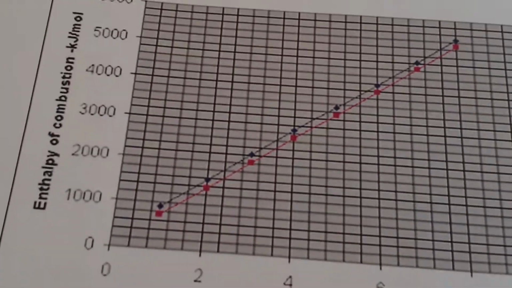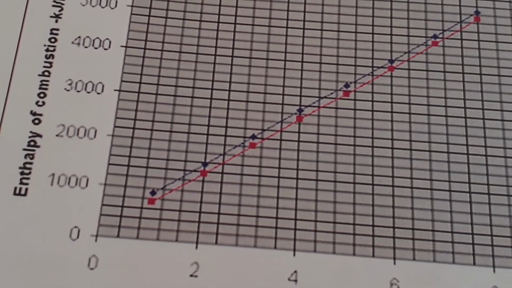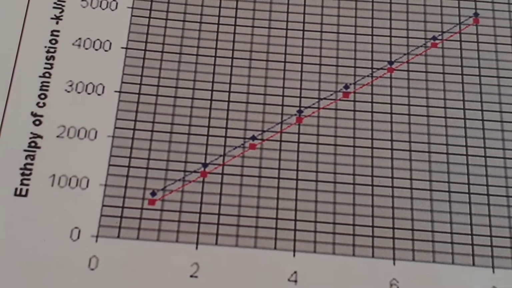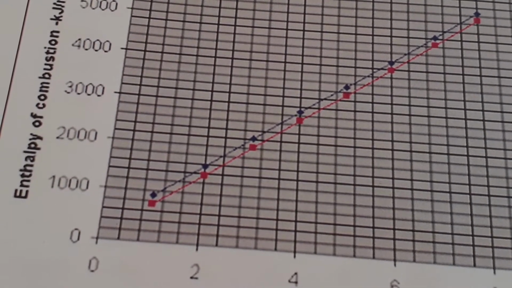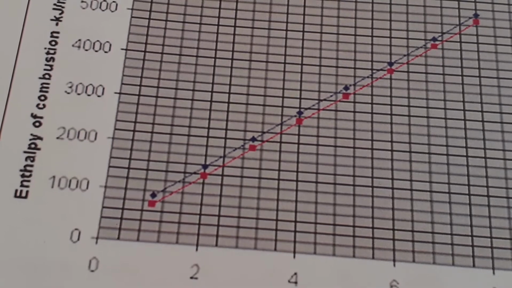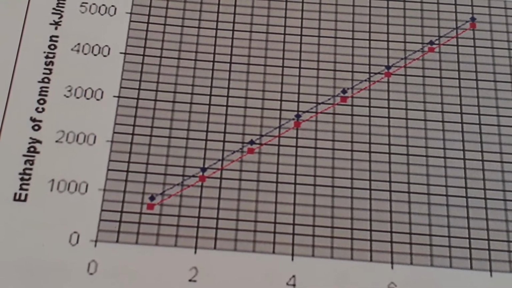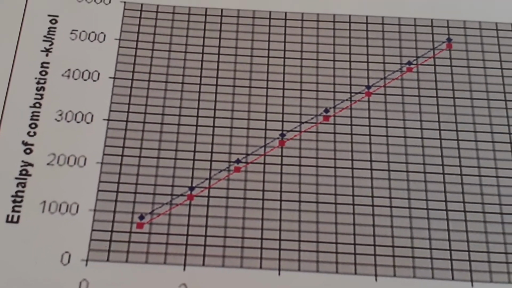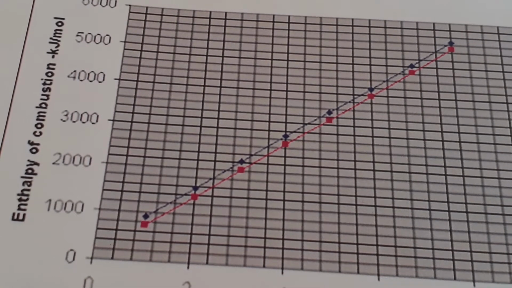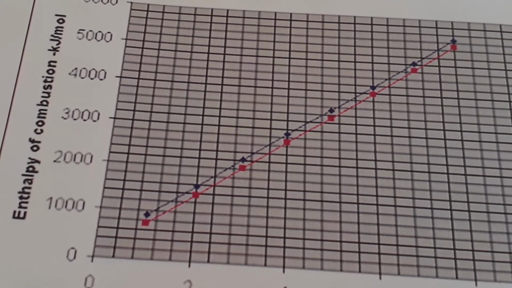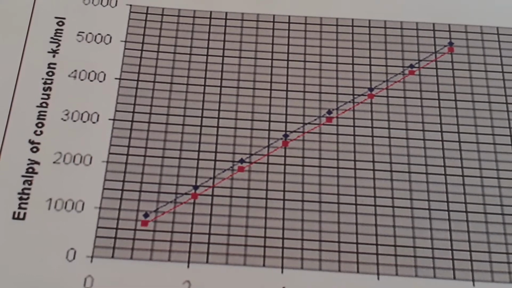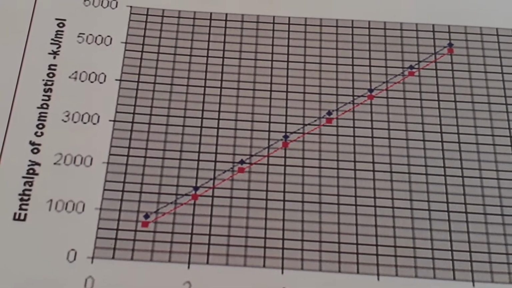The obvious thing you can see, first of all, is that these are straight line graphs, so there's a regular increase from one to the other. They're parallel to each other, and the reason why is that they both increase the same amount each time because we add one carbon and two hydrogen atoms.